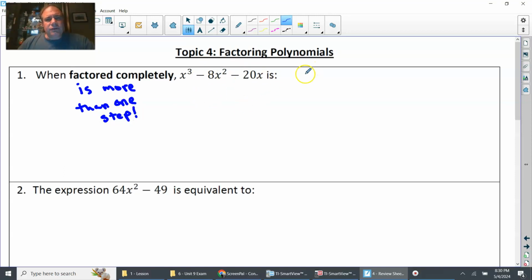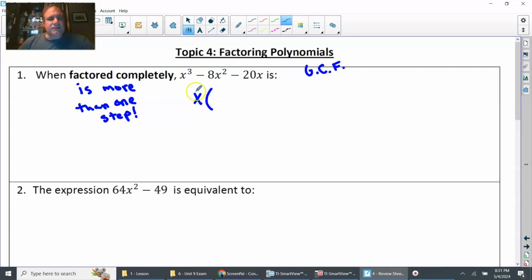So what I usually do, I look for the GCF first. If there is no GCF, then I have to try to factor something else, maybe two binomials or something like that. But I see a GCF here. I see an X. X is the GCF. So I'm going to take out the X.